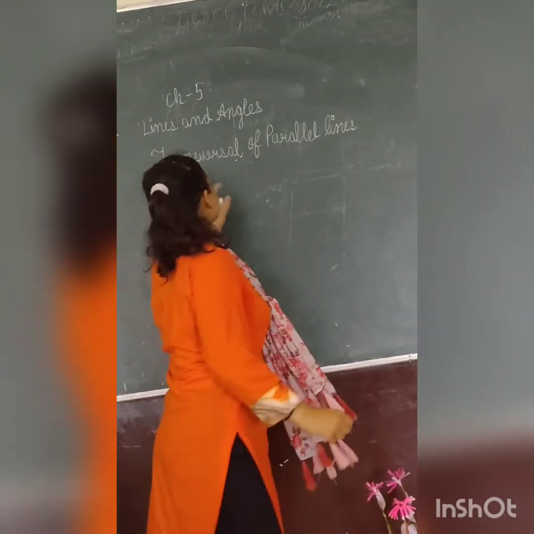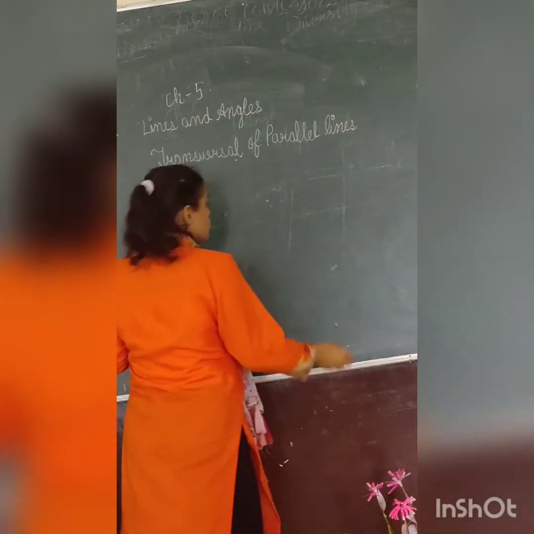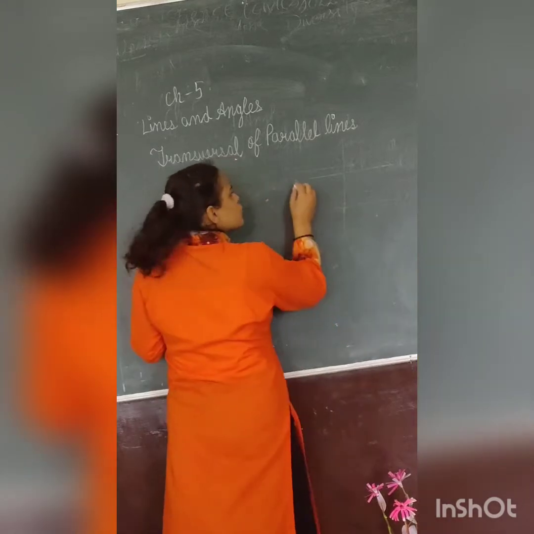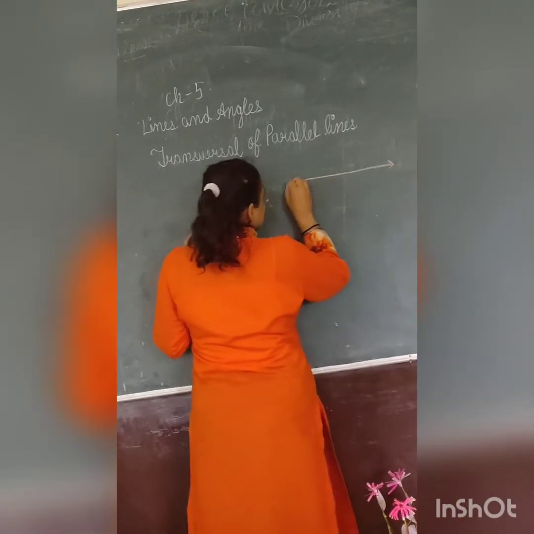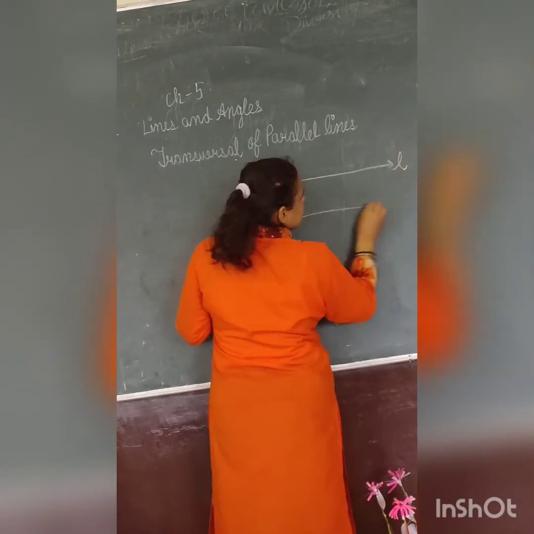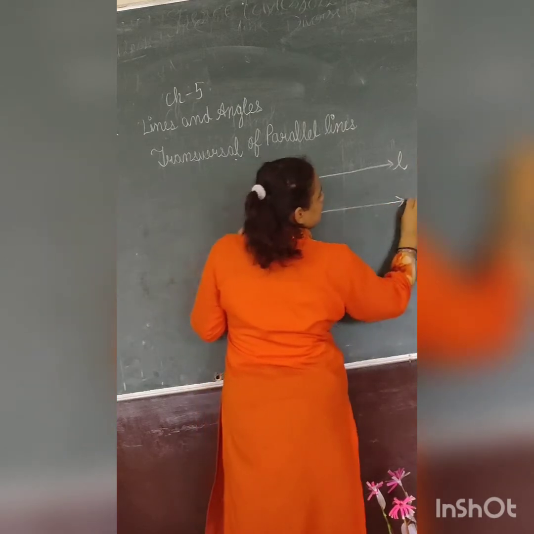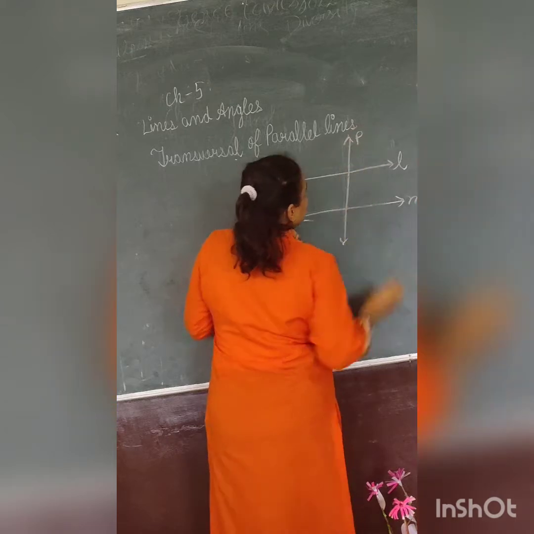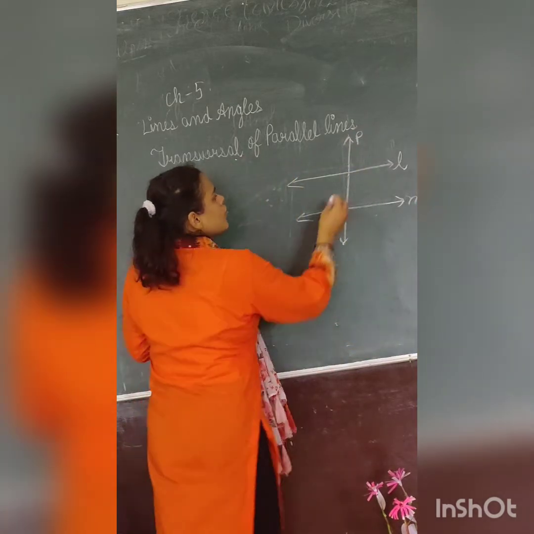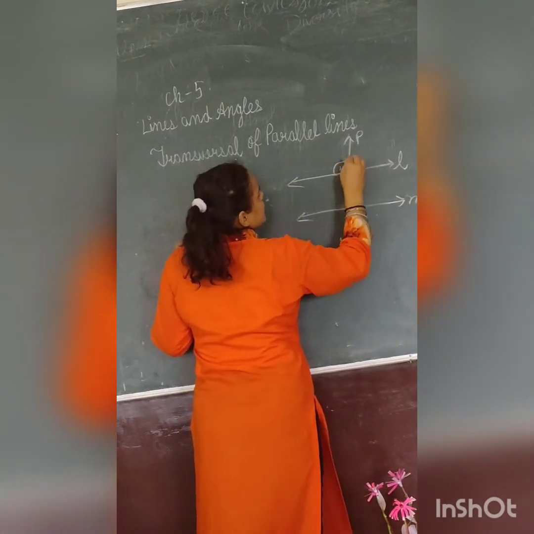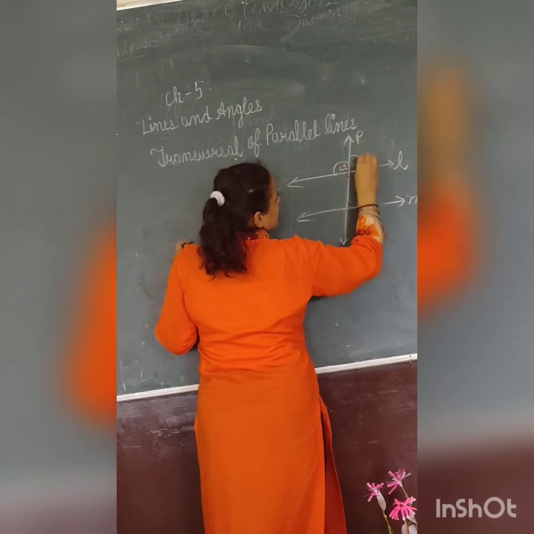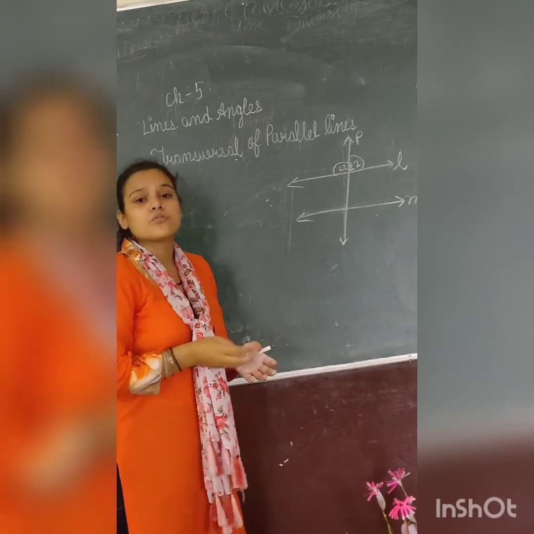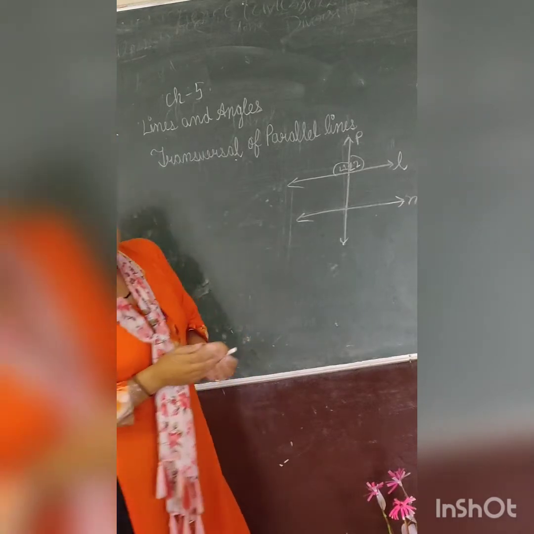Your next topic is transversal of parallel lines. Okay, you have to take a sheet of paper and draw a line L, a line M and a transversal line P. And you have to label angle 1 and angle 2. Now next you have to slide a tracing paper.